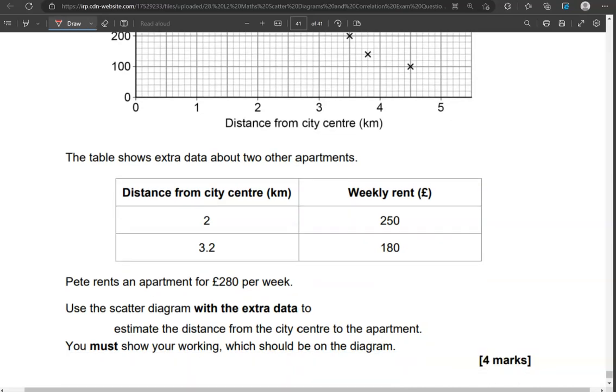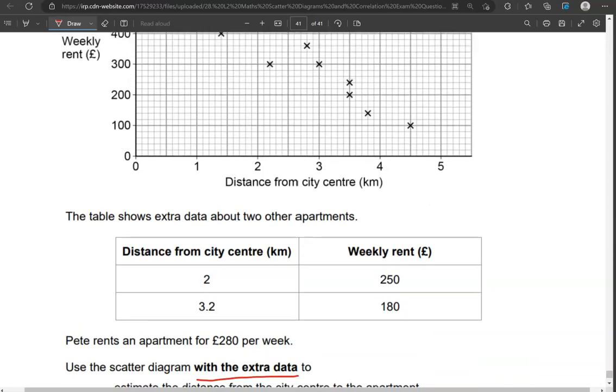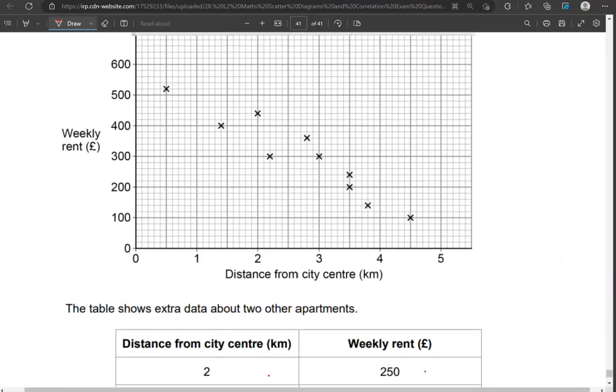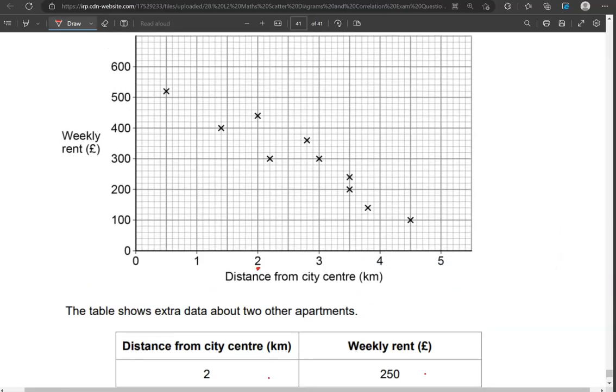As we need to use the scatter diagram with the extra data, first thing to do is to plot the extra data. So we've got one apartment, distance from city centre is 2 kilometres, weekly rent £250. So there is 2 going up to £250.